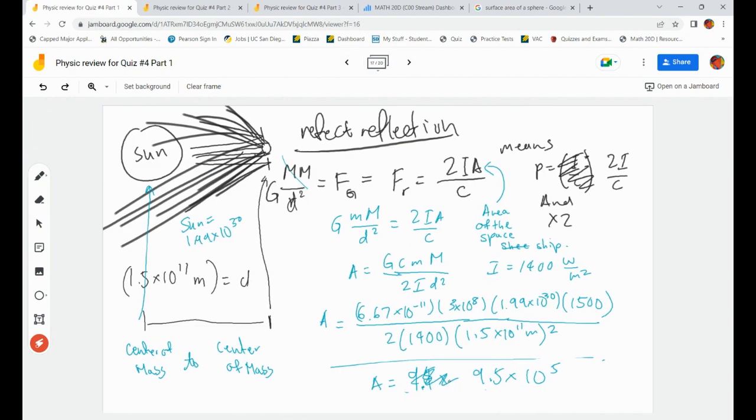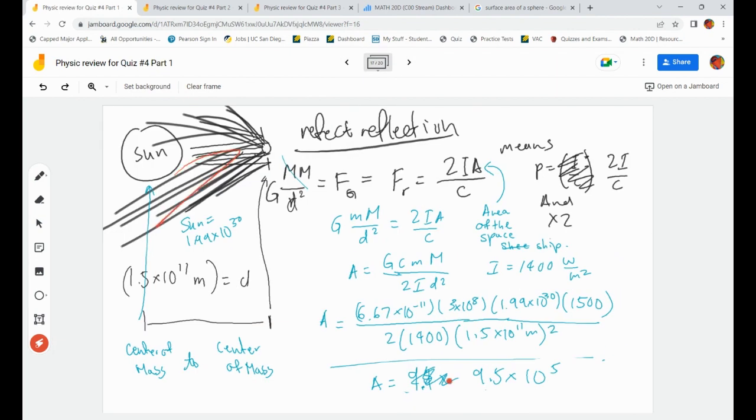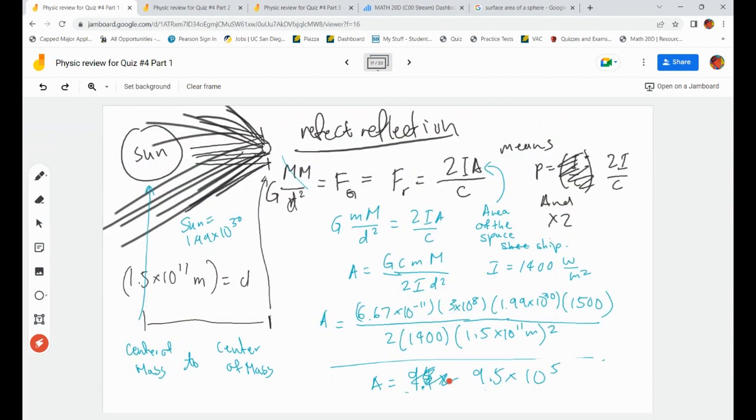What is this one? Oh yeah, reflection. Basically there's a sun and this time there's a reflection, so you have to actually do this. Why do I say it's equal to gravity? If the radiation force is equal to the magnitude of the sun's gravity, we assume that they're the same and you just have to figure it out.